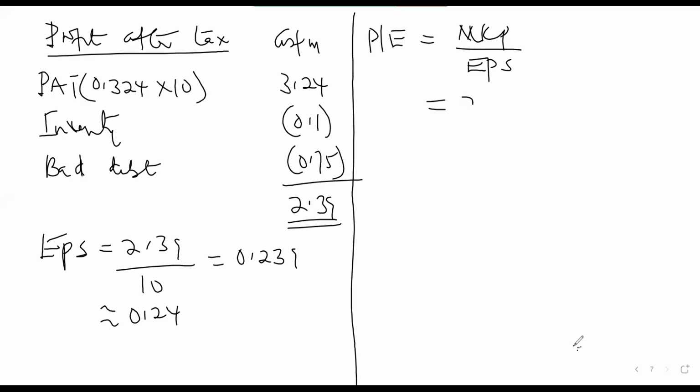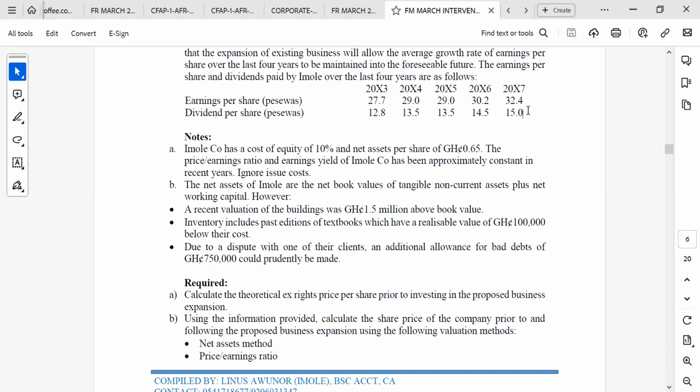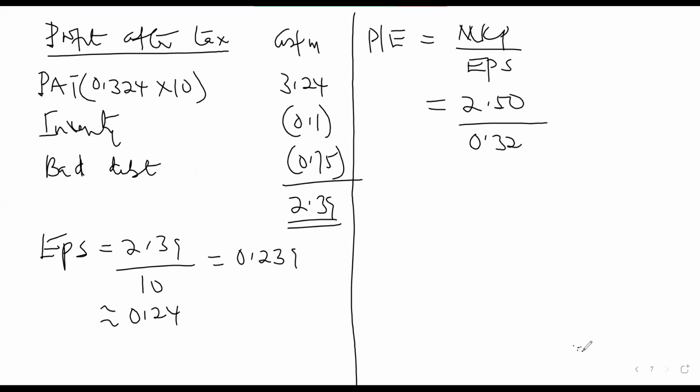The current market price is 2.50, divided by the earnings per share. The earnings per share you'll use is the one over here, not the adjusted one. So use 0.324. Don't use the adjusted one.